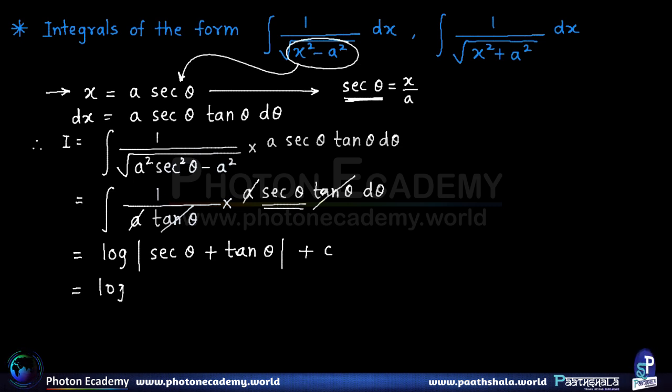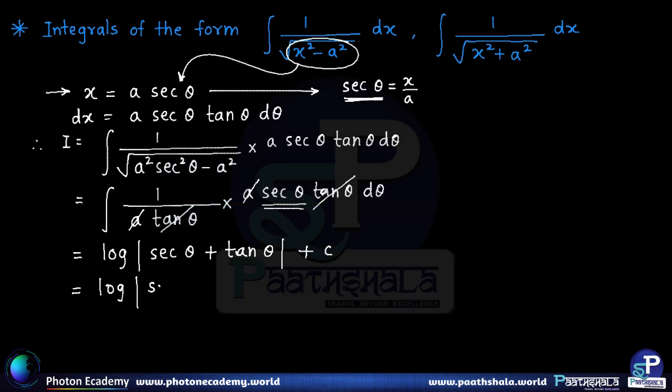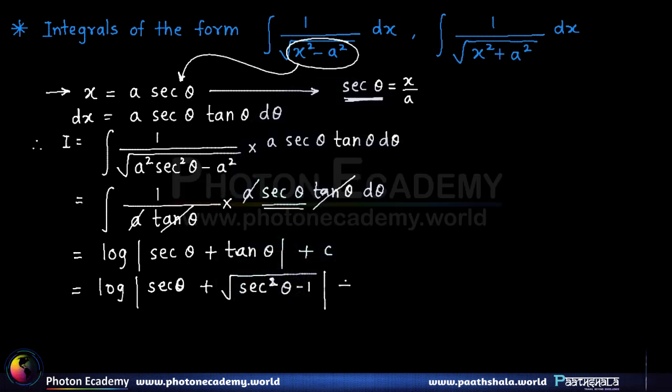So let us do that and substitute sec theta plus, now here tan theta can be written as root of sec square theta minus 1, right, plus c. So therefore now let us substitute that.